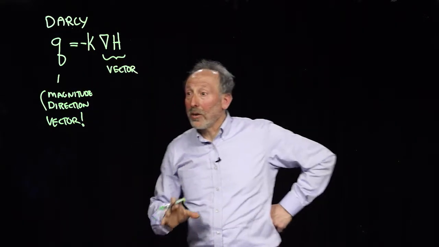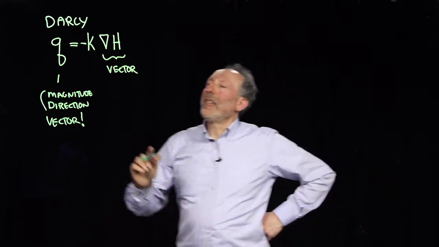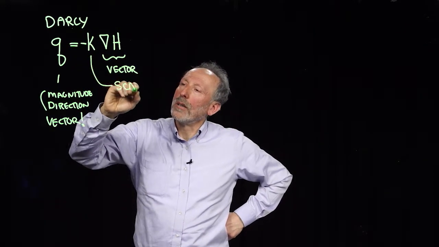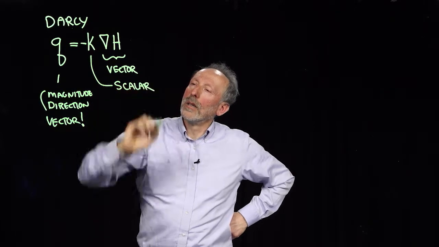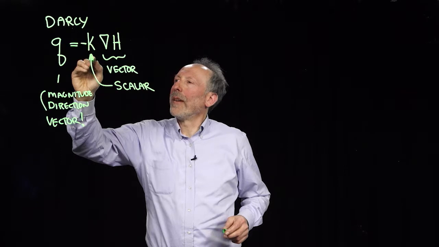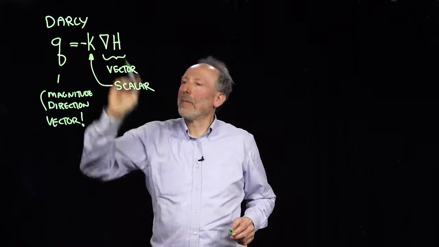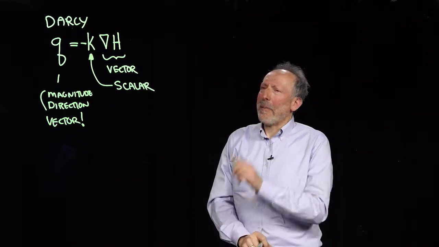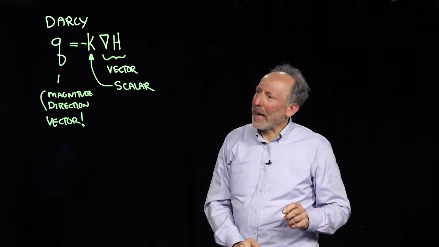It has a magnitude and a direction. And our friend K then is a scalar. So we say, aha, this is all very good. We have a vector on this side of the equation, a vector on that side, multiplied by a scalar. All of our terms work out. But there's a problem with that.